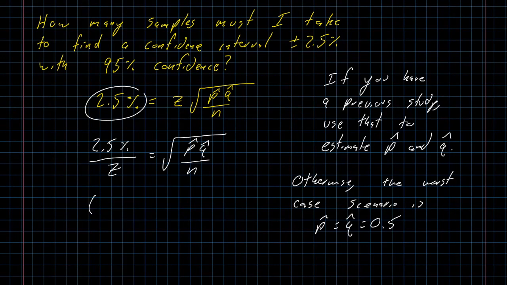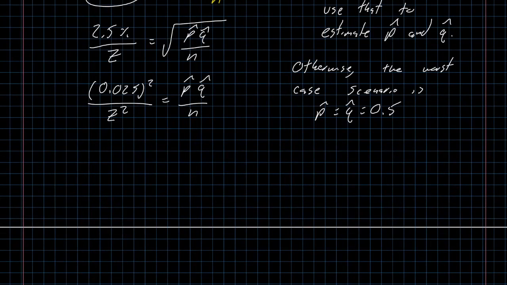All right, at this point, I finally need to convert. 2.5% is 0.025. Then I'm going to take the reciprocal of both sides of this equation, z squared over 0.025 squared.